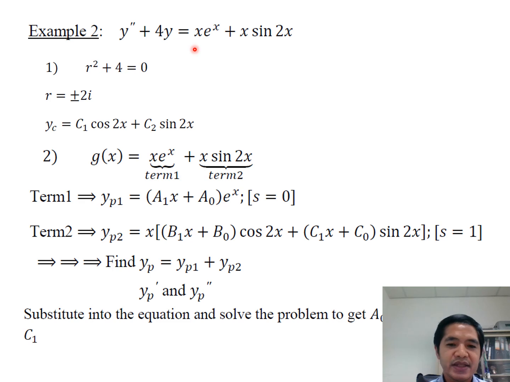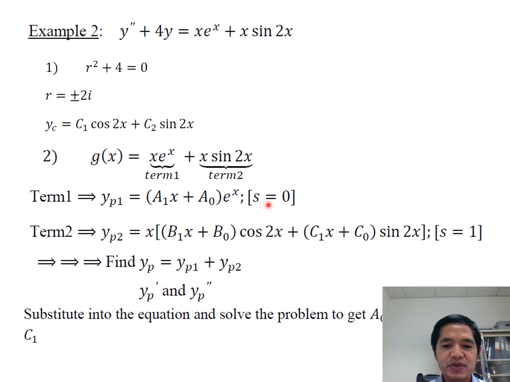Okay, in the first term, you have to use that table to predict yp. So the polynomial here is x. So start with x to the power 1. So the polynomial you have to do starts from a constant plus another constant times x, which has the same power right here, x to 1, times the exponential.